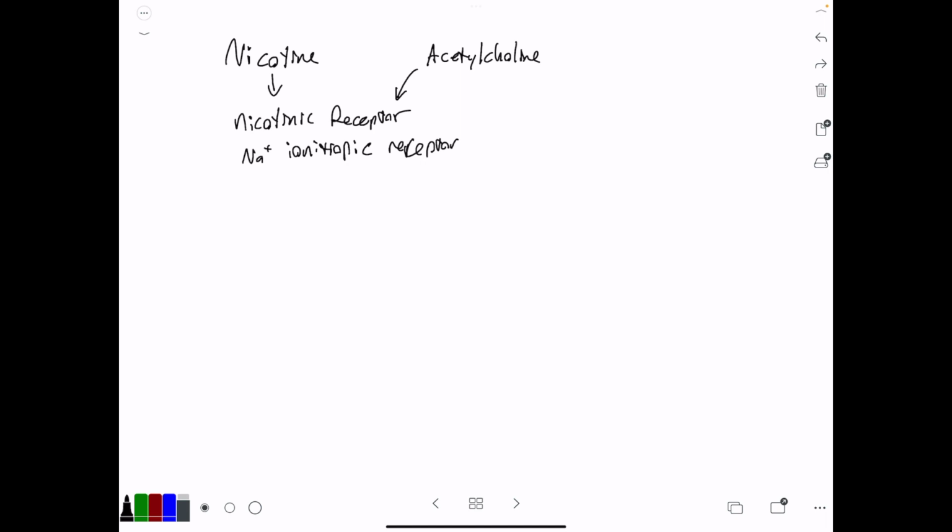nicotinic receptors. And so nicotinic receptors are what are known as pentamers. So their protein channels are made up of 5 distinct parts. Let's see if I can draw this relatively equally. So we want 5.